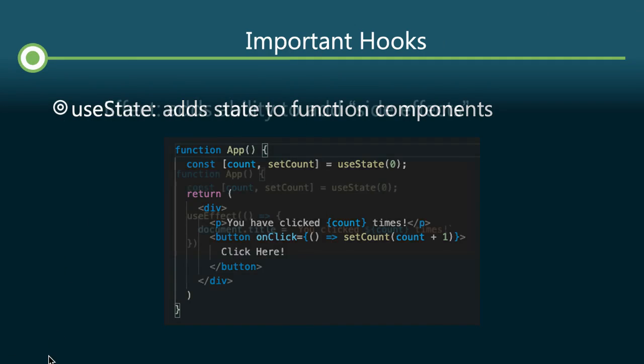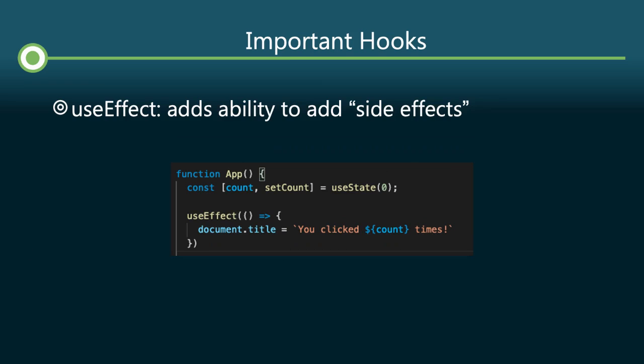Another important hook is useEffect. useEffect allows the ability to add side effects, so you can add additional functionality and you can tell your application when to re-render the component.